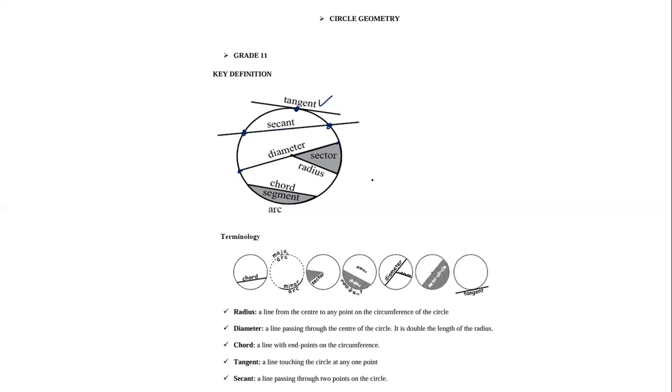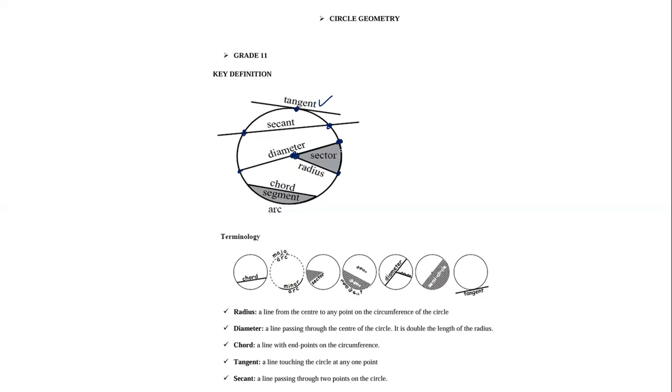And therefore, we have what you call the radius. A radius is always a line that comes from the center to the circumference of the circle. That's a radius, okay? So now when you have two radii, for example, from this center to that circumference, and again from this center to that circumference, we have two radii, right?